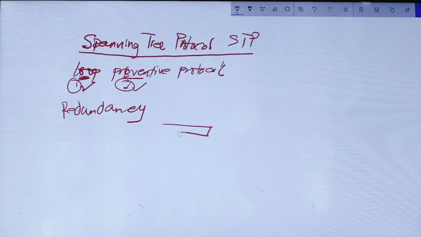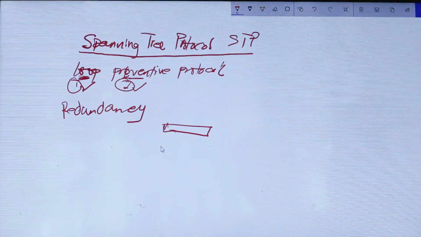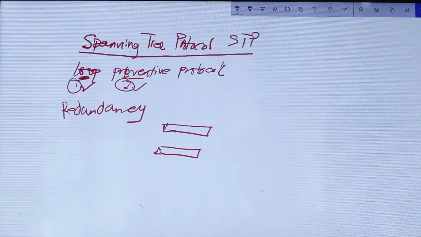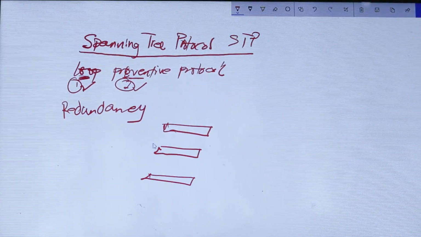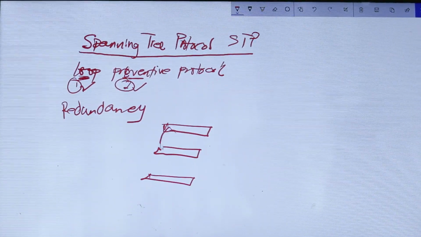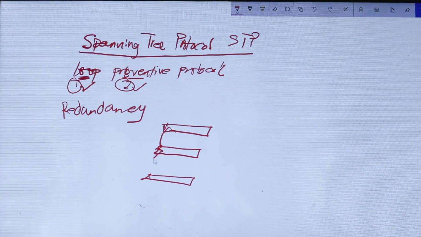So you have a switch here, another here, and another here, and they are connected this way. Let's assume this is your data center switch.